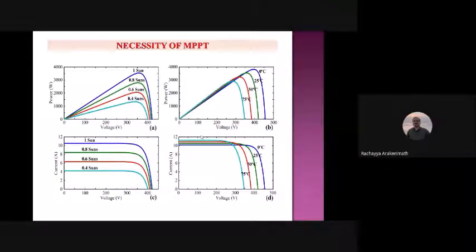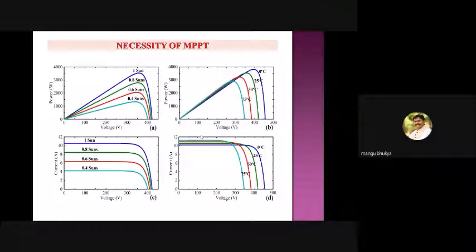Next, sir, in addition to this, I want to automate this tracking system, maybe IoT based or something like that. Is it possible? Yeah, it is possible. We have to forecast the weather also.